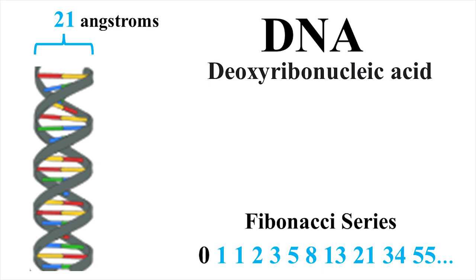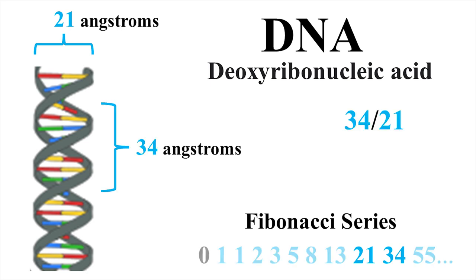We're talking very small measurements here. And the length of one series from one point to the matching point on the DNA strand is 34 angstroms. Notice 34 and 21 are both Fibonacci numbers, and out comes 1.618, which is the golden ratio, divine proportion.